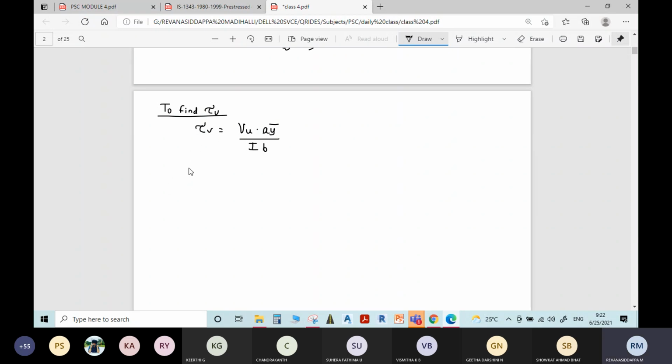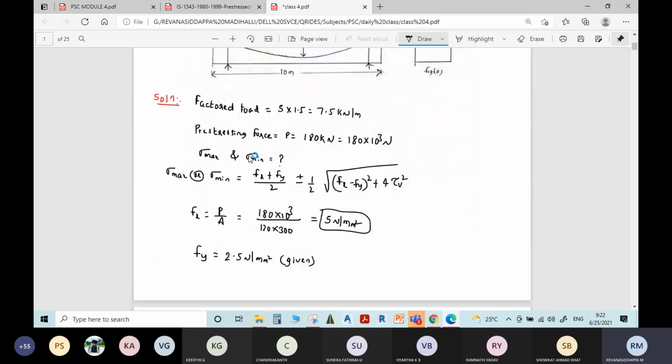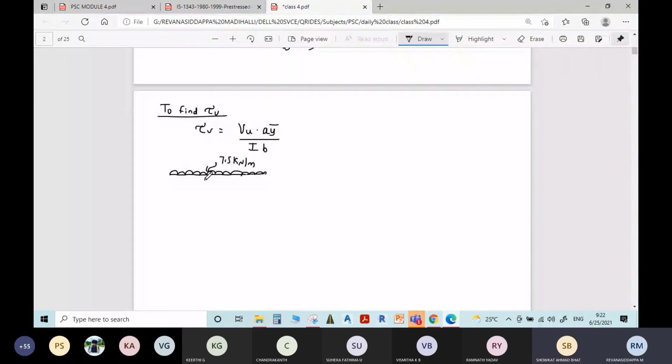To find the shear force, you write a small figure here. The intensity of load is 7.5 kilonewton per meter. What is the length of the beam? Length of the beam is 10 meter.